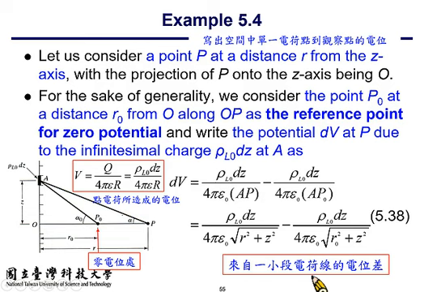So the voltage difference between P and P sub 0, if this is 0, then dV can be expressed as the potential at the observation P. According to this expression, you can notice that the electrical potential between the two points can be written in this fashion: rho sub L0 dz, that is the amount of the charge in this small section, divided by 4 pi epsilon sub 0 AP, the distance, minus rho sub L0 dz over 4 pi epsilon sub 0 AP sub 0.